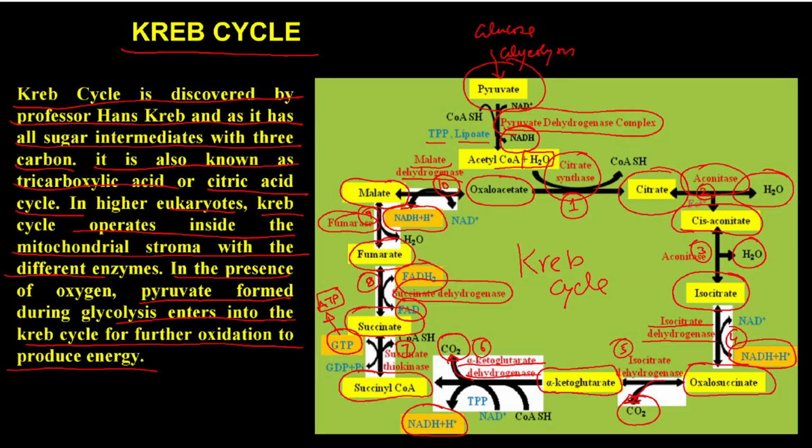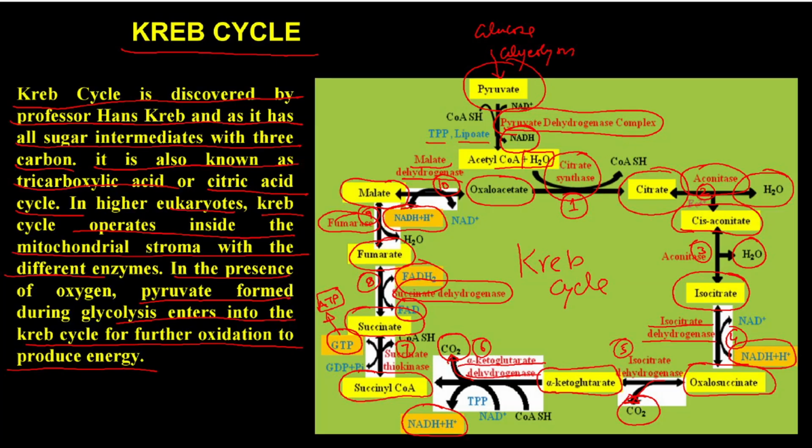In higher eukaryotes, the Krebs cycle operates inside the mitochondrial matrix with different enzymes, and in the presence of oxygen, pyruvate formed during glycolysis enters the Krebs cycle for further oxidation to generate more energy.